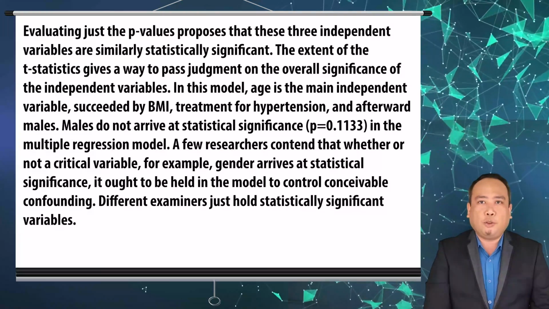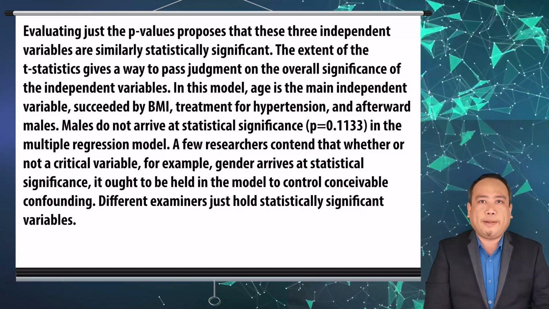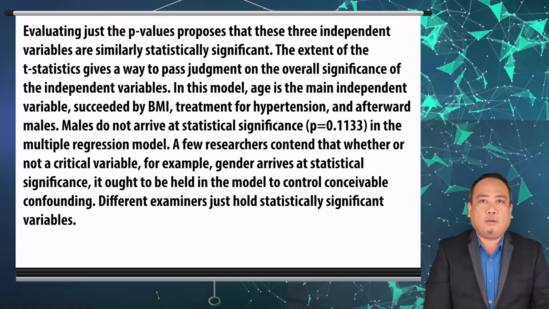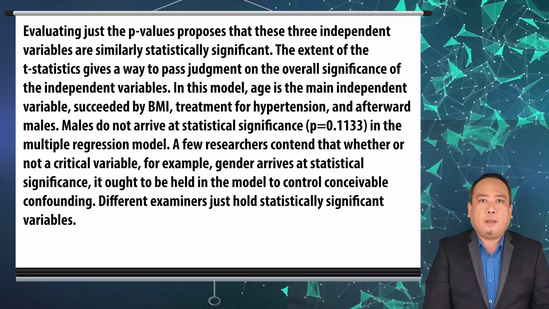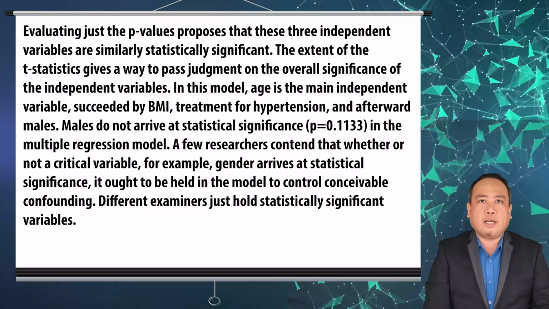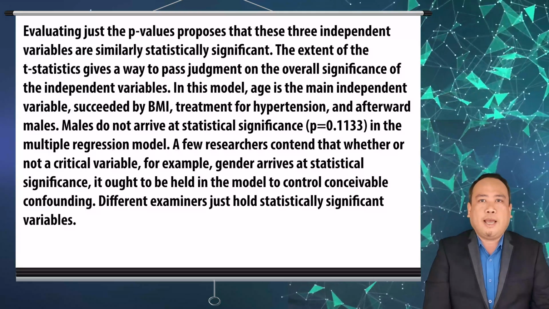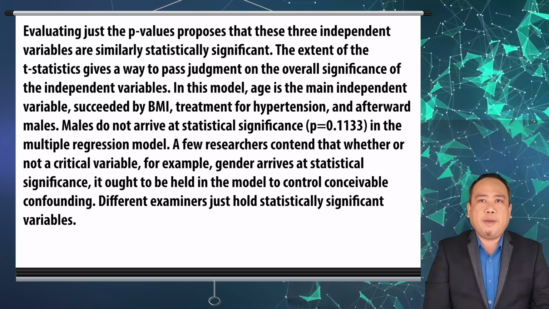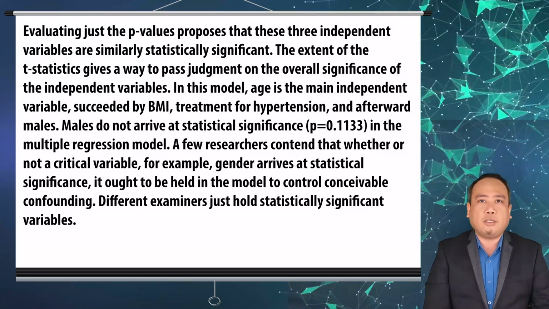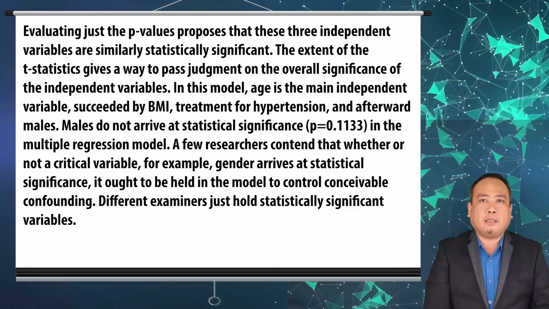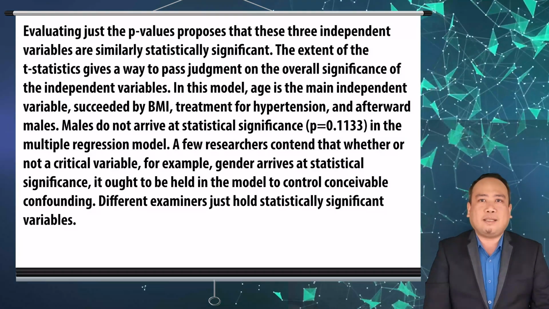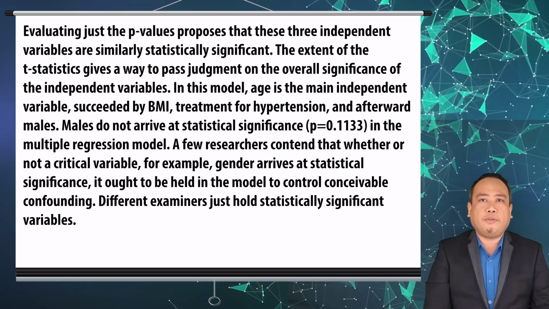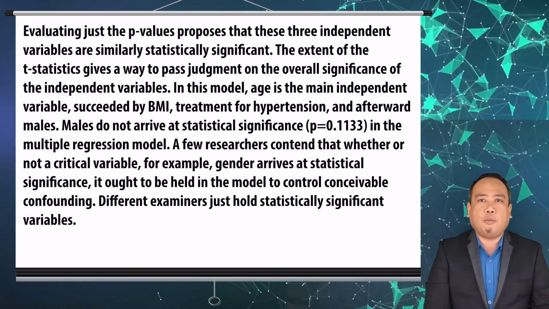Evaluating just the p-values proposes that these three independent variables are similarly statistically significant. The extent of the t-statistics gives a way to judge the relative significance of the independent variables. In this model, age is the most important independent variable, succeeded by BMI, treatment for hypertension, and afterward male gender. Males do not reach statistical significance, with p is equal to 0.1133 in the multiple regression model.